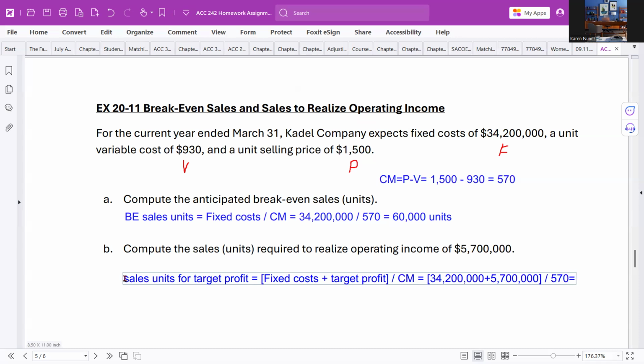So if they want to generate that profit, the number of units that need to be sold is going to be 70,000. If they sell exactly 70,000 units, they'll generate a profit of $5.7 million. So kind of like one of the earlier ones that we did.